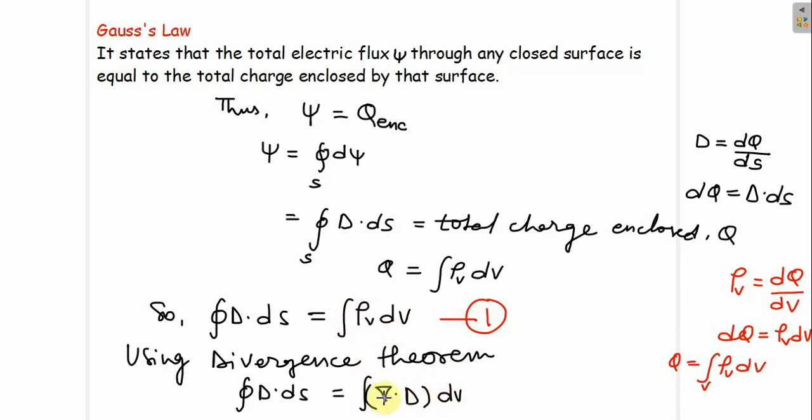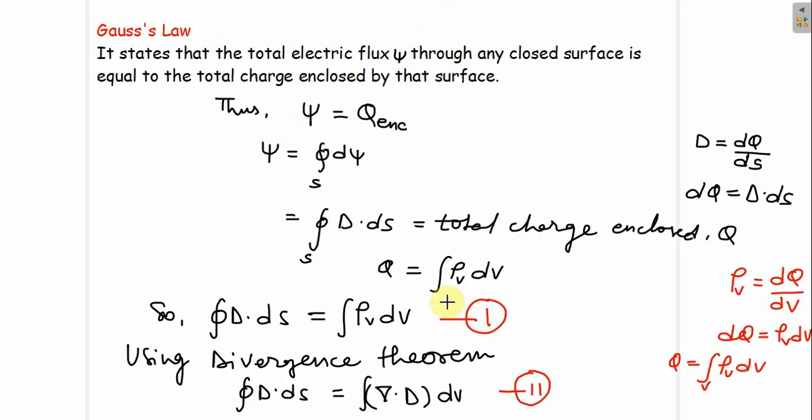So this term can be written like this using the divergence theorem. Put it as equation 2.